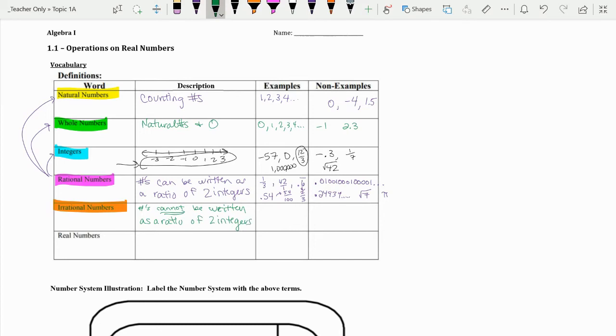So basically, if you take all of these examples here, those would be irrational. And then all of the examples that we've given that were rational are not irrational. A number is going to be rational or irrational. It can't be both. And these are all under the context of real numbers.